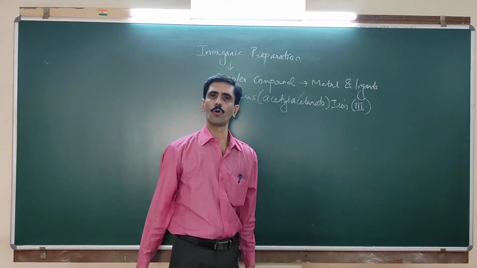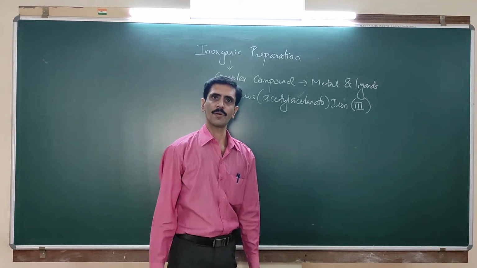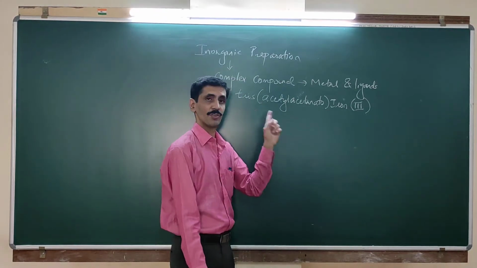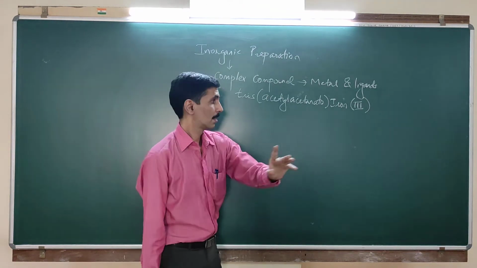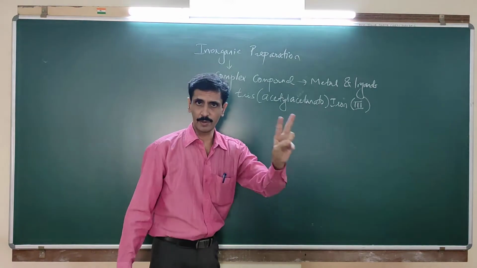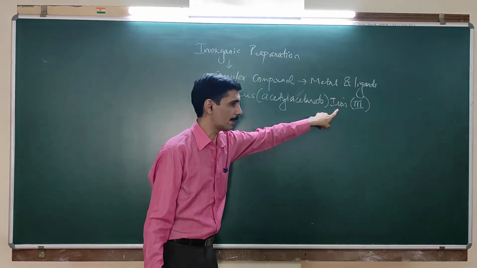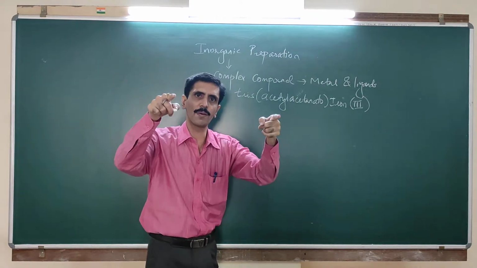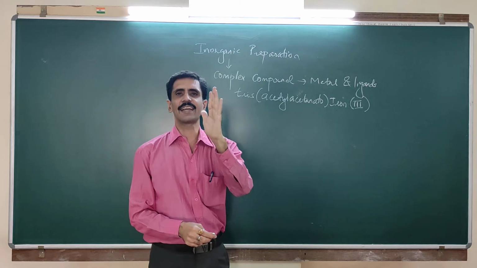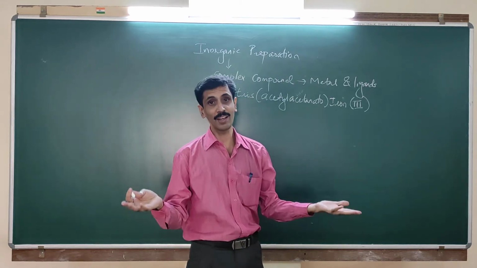So we write down in Roman numeral III. Okay? Tris means 3. It's a complex, so it requires two species. When you talk about ion, the first thing which will come automatically into your mind is, yes, it's a metal. So it's very obvious now.